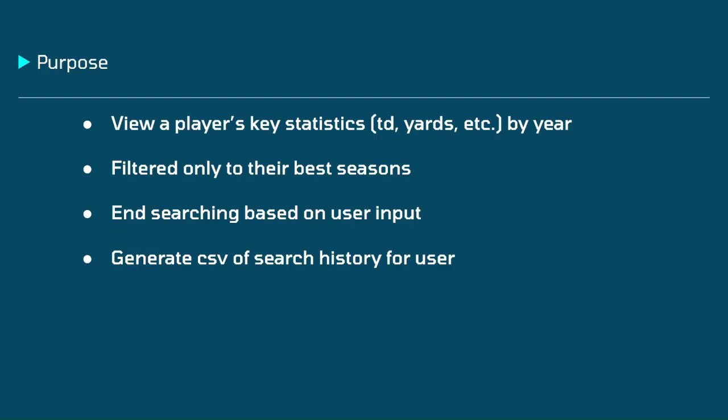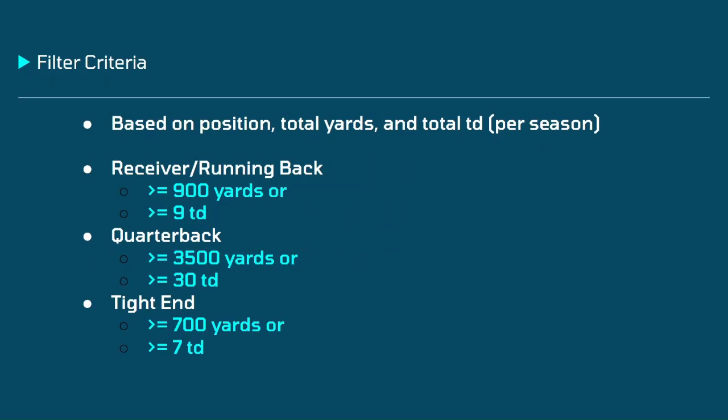And it loops through the program, allowing the user to search for a player, and then when the user is done searching, they will be prompted to end their search, and then from that point it will generate a CSV copy with all of the players that they searched for.